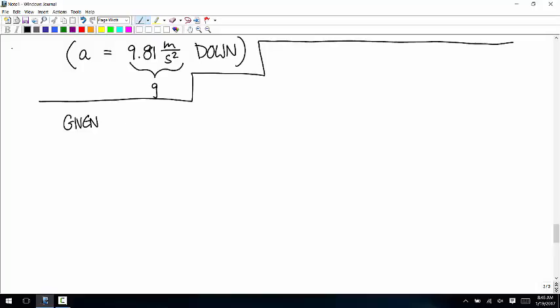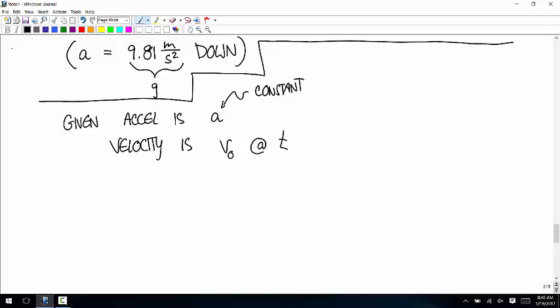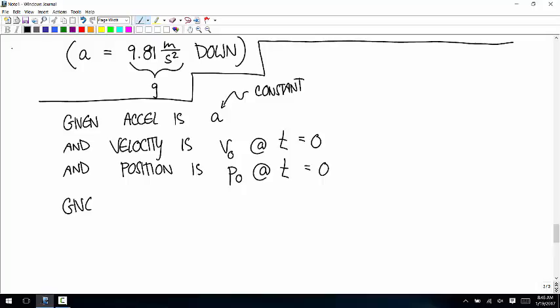Given that the acceleration is a, and that's a constant, and that velocity is v sub 0 when time is equal to 0, and that the position is p sub 0 at time equals 0, give expressions for the velocity as a function of time and the position as a function of time.